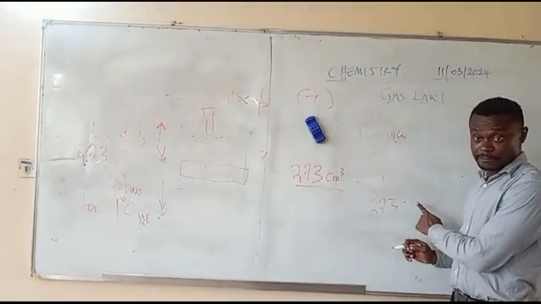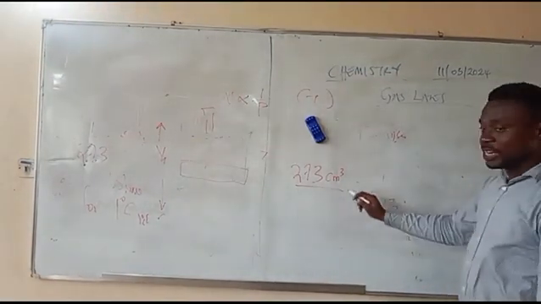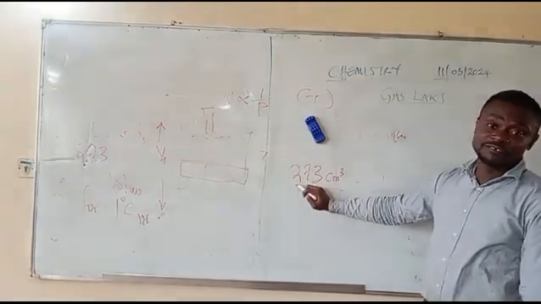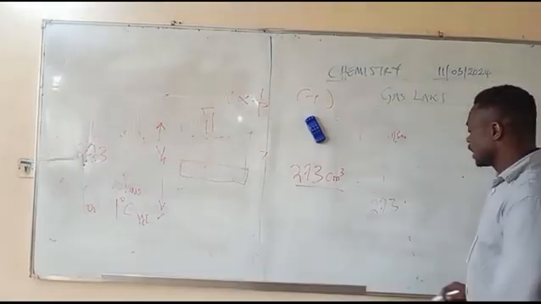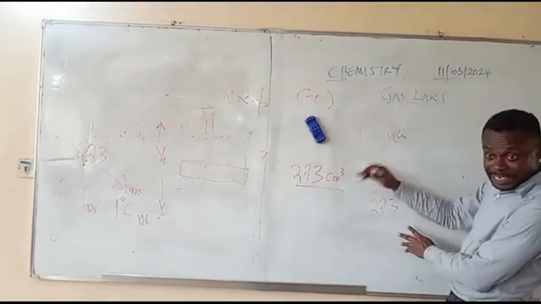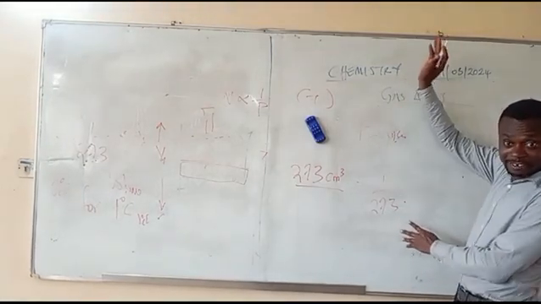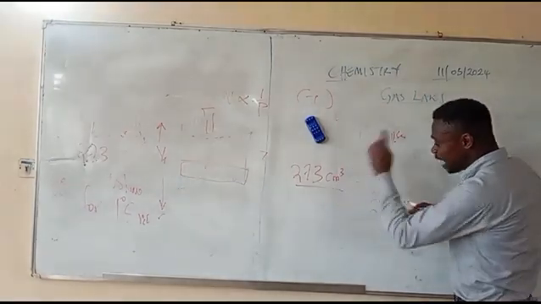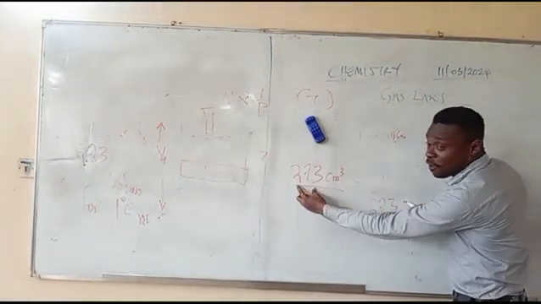Can you see the board? Now, let's do the calculation. This is the initial volume, and let's assume we have just 1 degree rise in temperature. This will increase by 1/273 of this volume.